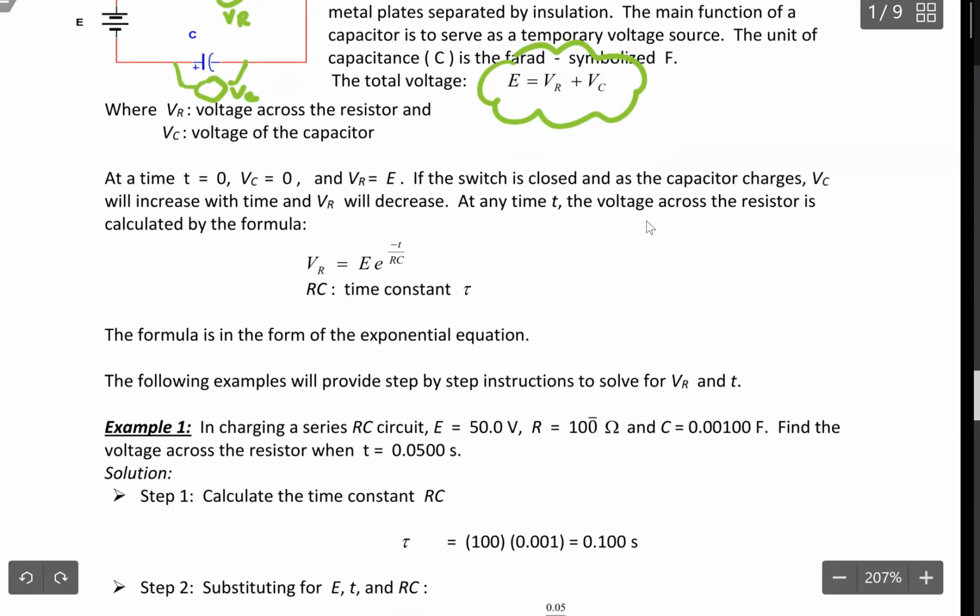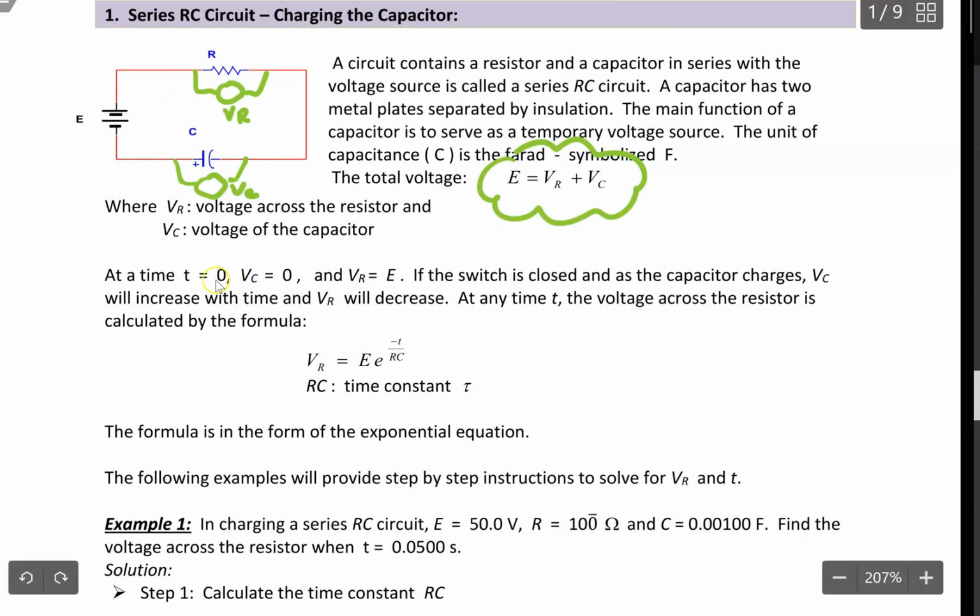Now at the time t equal to 0, the voltage across the capacitor is equal to 0 as well, because no current is going through, so I'm not yet charging the capacitor to create a voltage difference. But as time increases after I close the switch, the current going through will charge this capacitor.